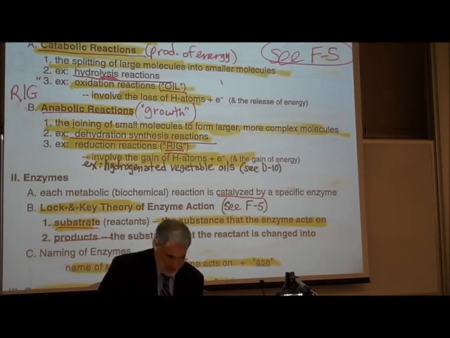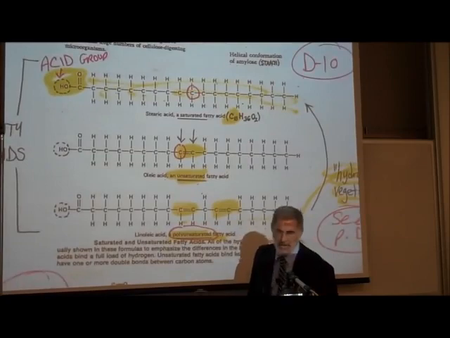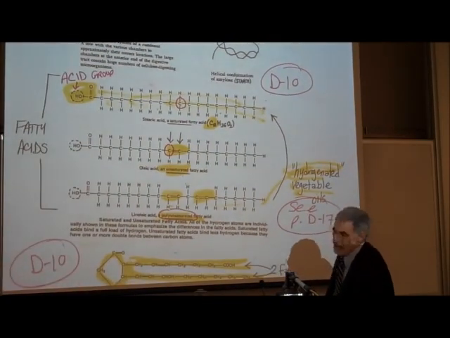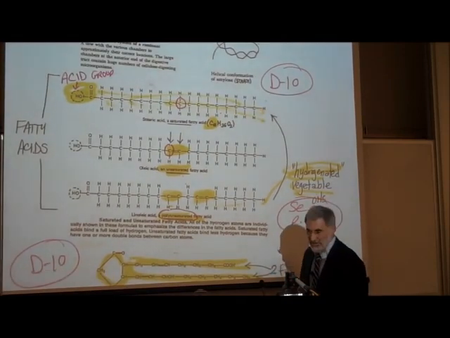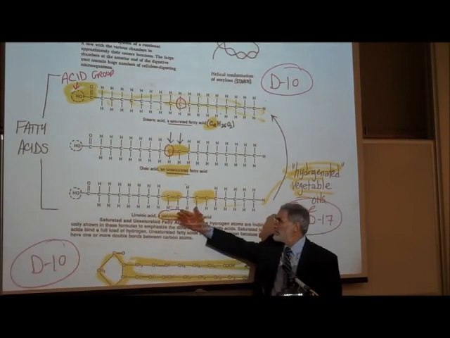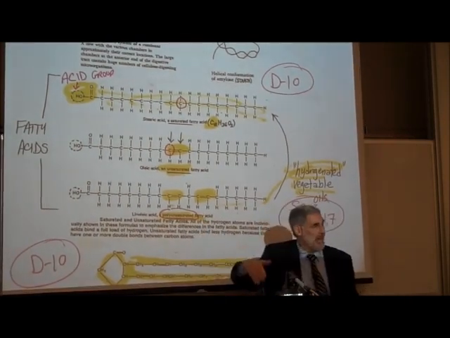Back on page D10, this was quite a while ago, we learned that there were different types of fats or fatty acids. We learned that the fats found in animals are saturated fats, whereas the fats that are found in plants are usually unsaturated fats.